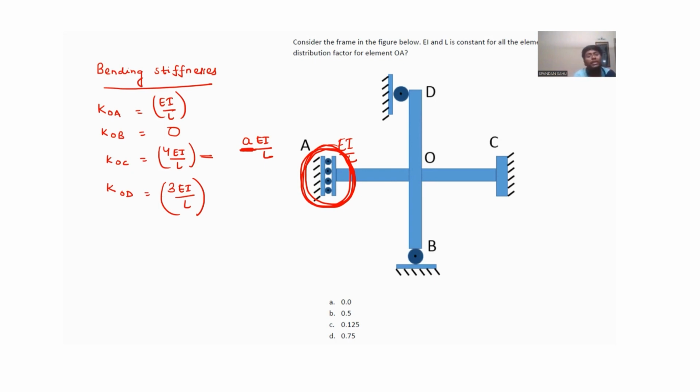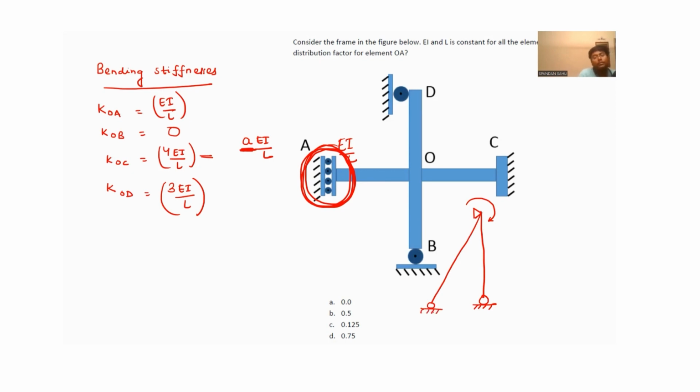But for OB, check how OB will look. It has a hinge here, so when you apply some movement, it will directly translate. Is there any resistance against movement? No, it will directly move, like trolley bags.